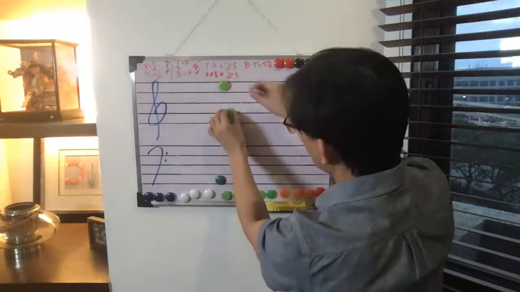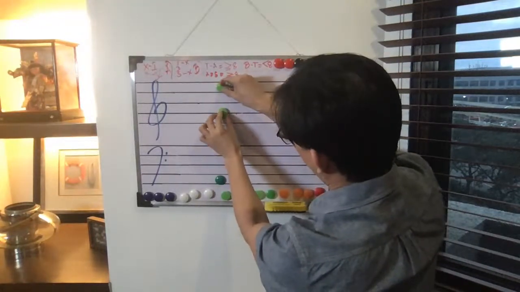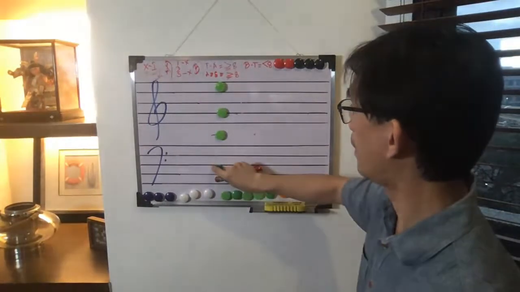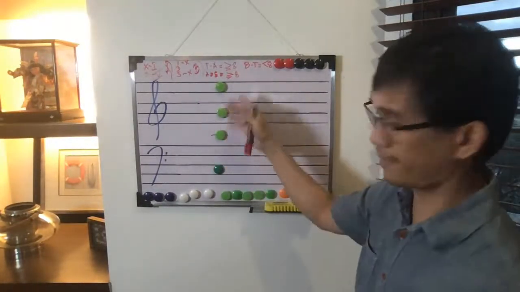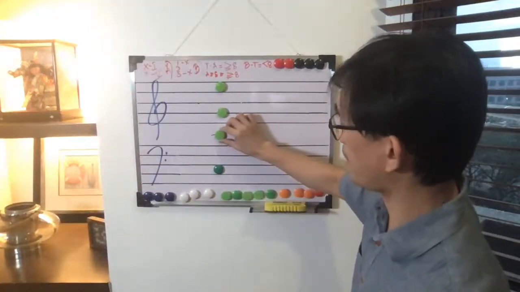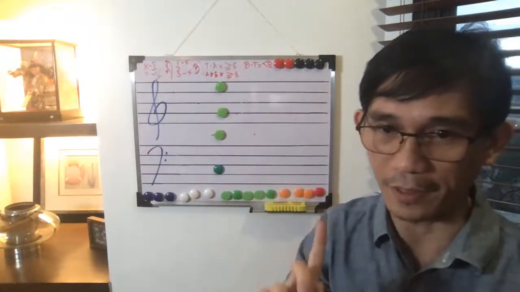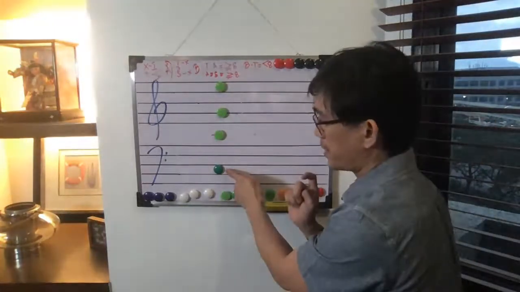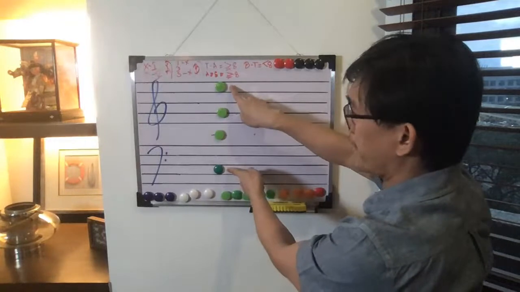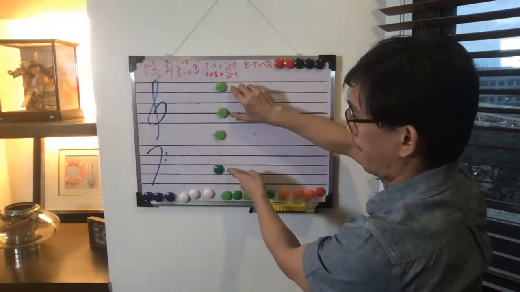Okay. But let's see now. So this is still a C major chord, but is it an inversion? It's not an inversion. Why? Because the lowest note is still C, so it's not inverted. But then the third is the highest, and then the fifth is here.